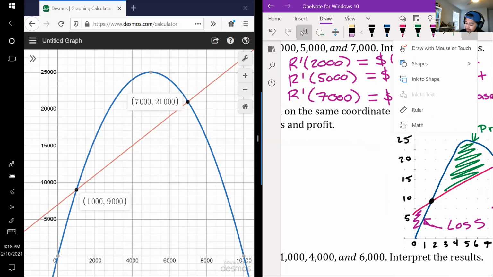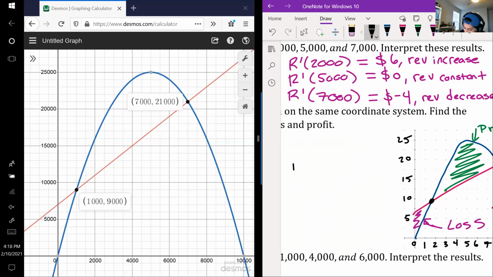So all I'm going to say is my break-even points are at 1,000 and 9,000 and 7,000 and 21,000. Those are my break-even points. So I've just showed you this method. This is a method you can use on your homework and test, and it'll save a lot of time.